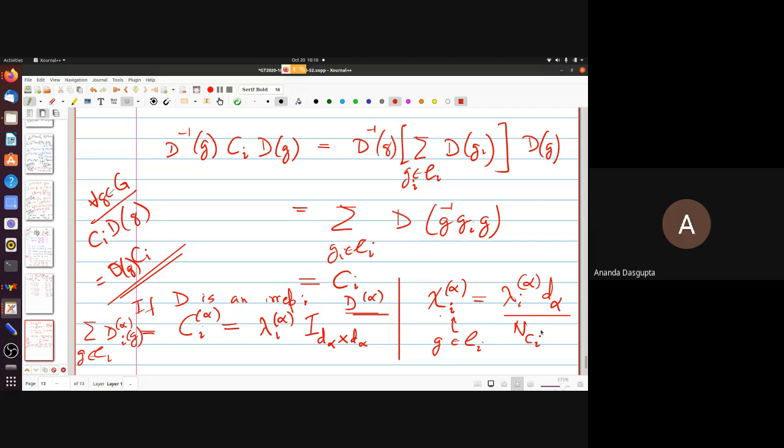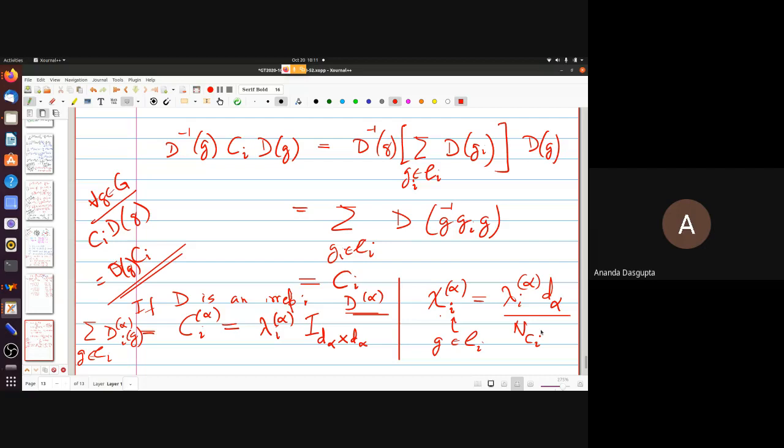Okay. So this might even give you a way of checking whether a representation is reducible. If you are given all the matrices corresponding to a representation, there are many situations where the matrices come out naturally from a calculation.